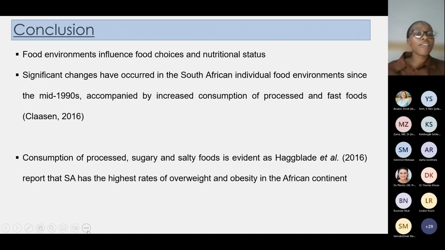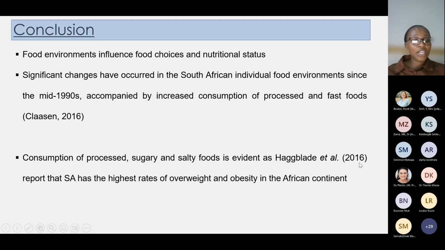As I conclude, food environments do have an influence on what we eat and also on our nutritional status. Claassen reported that South Africa has been undergoing a nutritional transition since the 1990s. And this is coupled with a high consumption of sugary, salty, as well as processed foods.